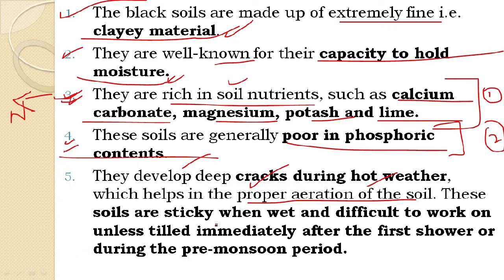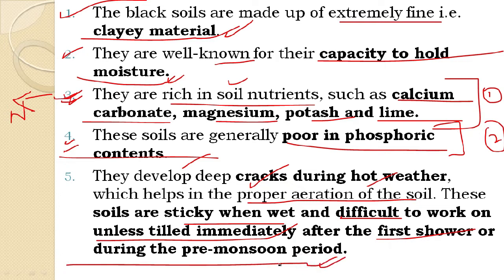The soils are sticky when wet and difficult to work on unless tilled immediately after the first shower or during the pre-monsoon period. So it basically says that there is a bit of difficulty when there is wet weather or the first shower, and it is a bit easier to work on these soils in summer.